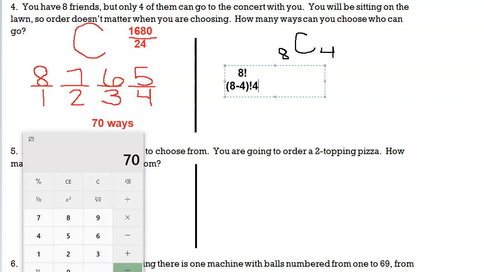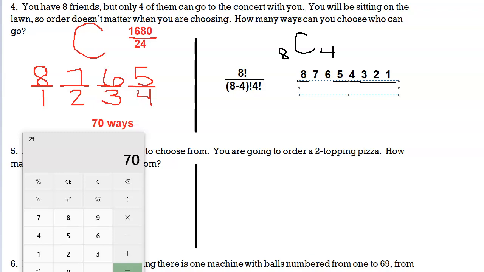So the way it would look, and I'm going to write it out the long way because I want you to see how the formula relates to what I've already taught you. Okay, I want to show you what it actually looks like here. So the top would be 8 factorial, which is going to be a pretty big number.